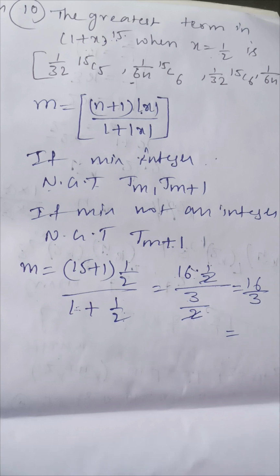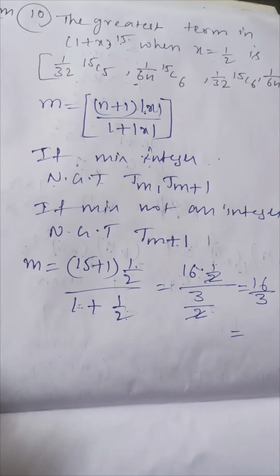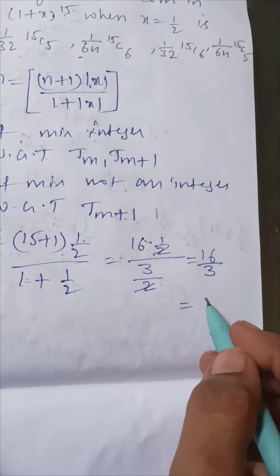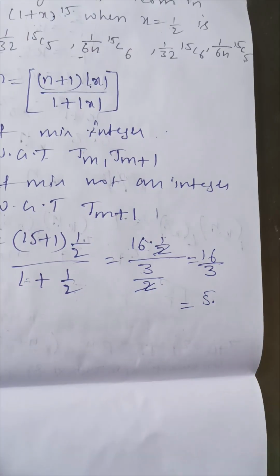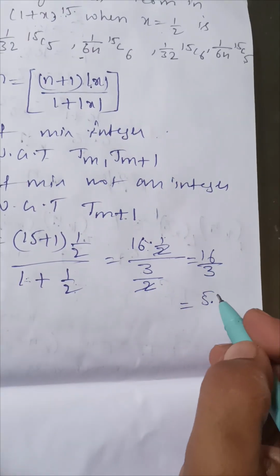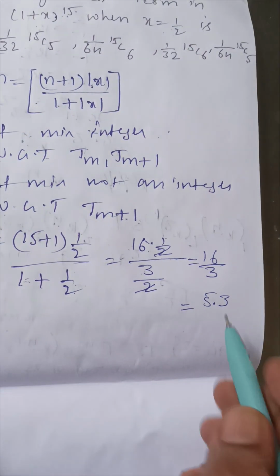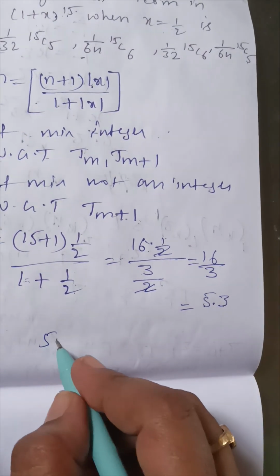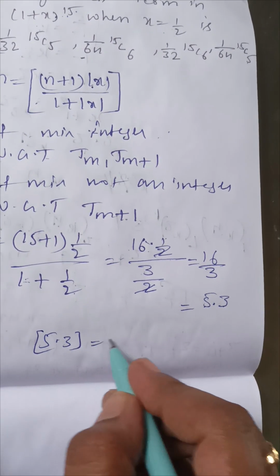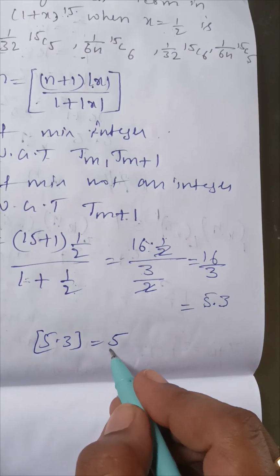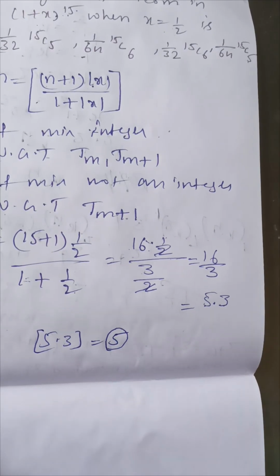It is not an integer. The answer for 16 by 3 is 5.3. But m is in the step function, so the step of 5.3 is 5. The step function takes only the integer 5. So this is m. m is 5.